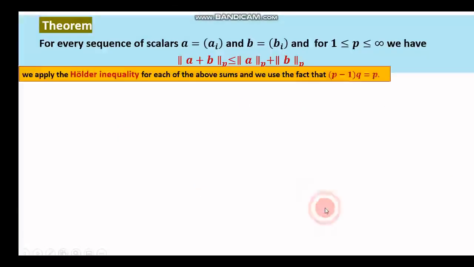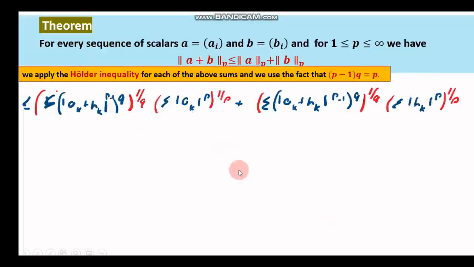When you apply Hölder's inequality, we have less than or equal to sigma mod a_k plus b_k raised to p minus 1, whole raised to q, whole raised to 1 by q, into sigma mod a_k raised to p whole raised to 1 by p, plus the second term also: sigma mod a_k plus b_k raised to p minus 1, with the inner part raised to q, with the outer factor the same, into sigma mod b_k raised to p whole raised to 1 by p.